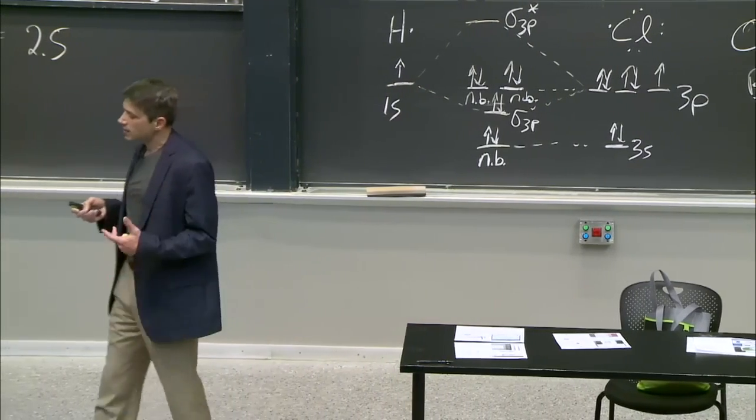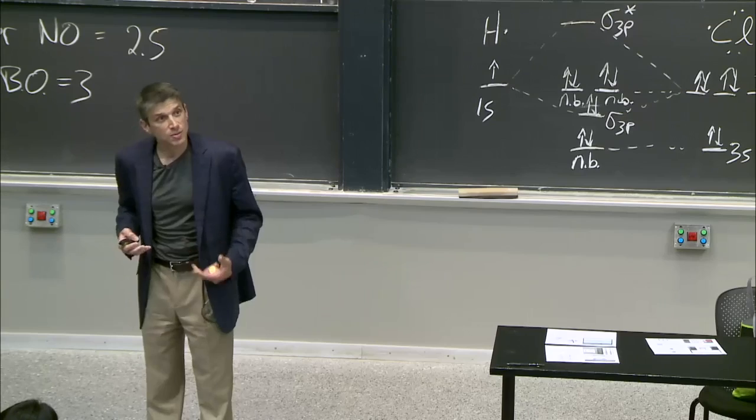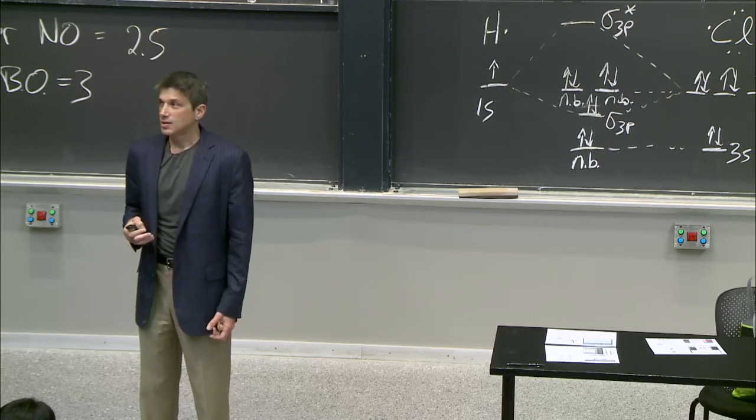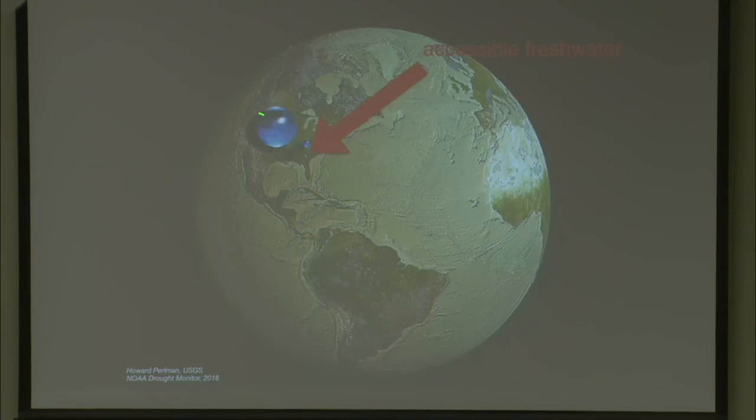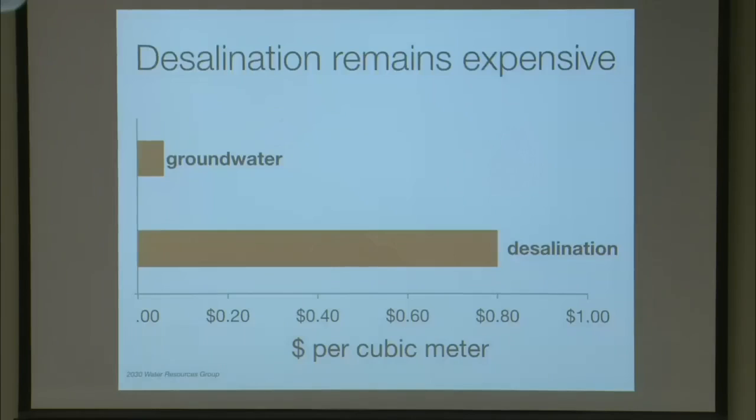But see, there's a lot of things we can try to do about this. One of the things we can try to do is to see if we can tap into this in a way that's more affordable and more efficient, because there's a lot of water here, and use that.